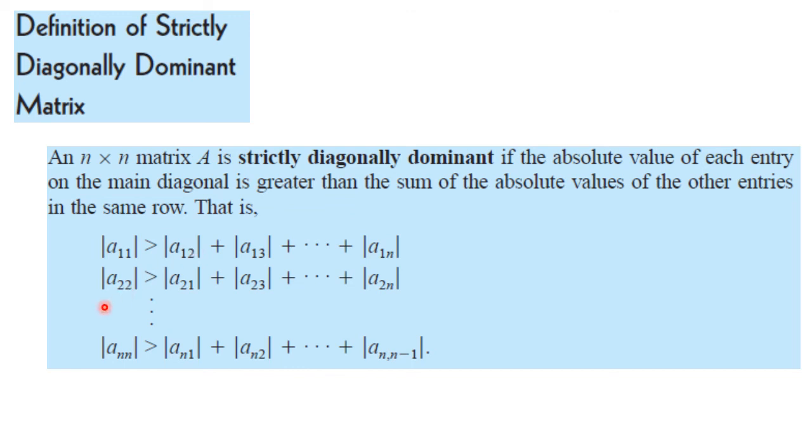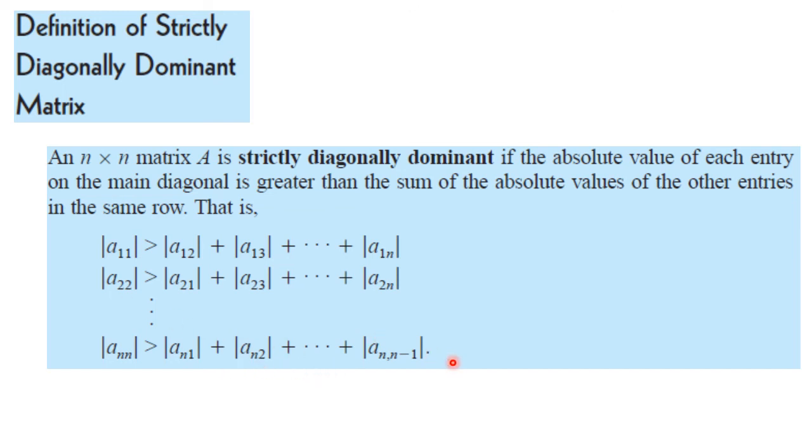Similarly for the second row, a22 should be greater than all the other values. Similarly for the last one, the absolute value of the last diagonal entry is greater than all the other values.